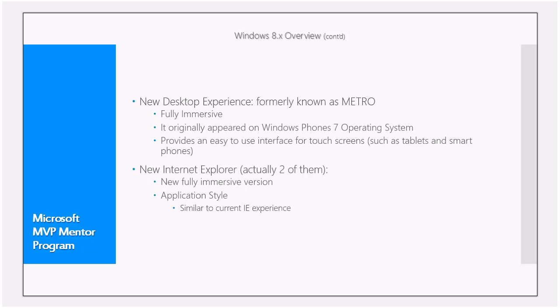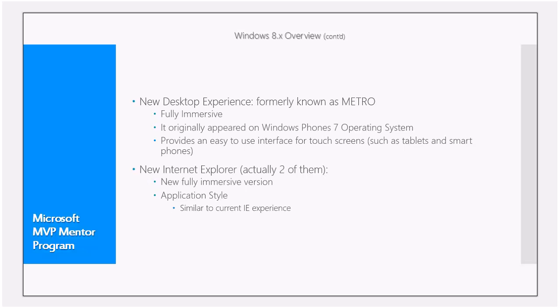Now, formerly known as Metro, and I'm going to refer to this new UI as fully immersive, because Metro seems to have been a copyright by the time the technology was announced, and there were some issues there. So the Metro term has been deprecated. It's no longer in use. Now we are going to refer to this new UI as the modern immersive UI.